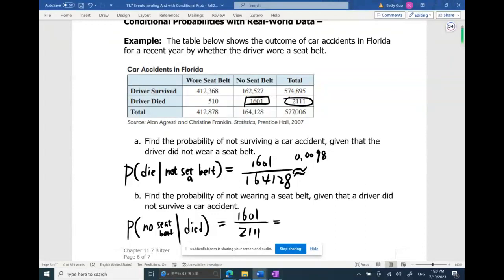Let's do the calculation. 1601 divided by 2111 is 76%, rounded to the nearest whole percent. So among the people who died in a car accident, around 76% of them did not have a seatbelt. So that's how you understand the situation, right?